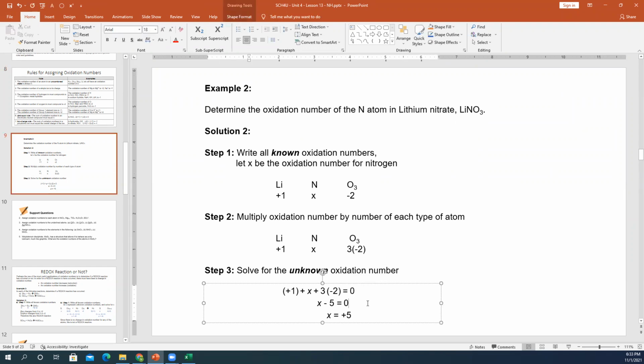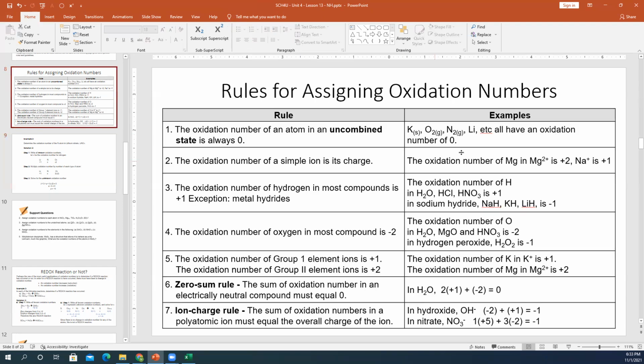So let's try and figure out what X is. What is the oxidation number for our nitrogen? Well, we know for lithium, we said it's +1 because it's a member of the group 1 elements of the periodic table, and group 1 elements have an oxidation number of +1. We learned that from our table, that group 1 element ions have +1.